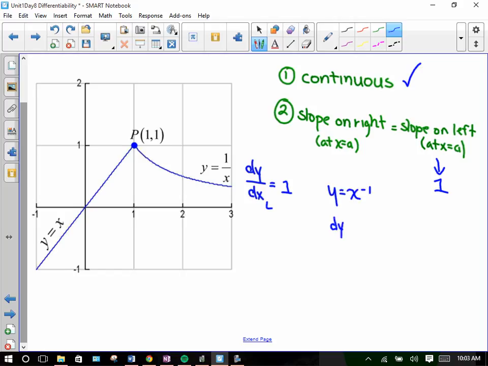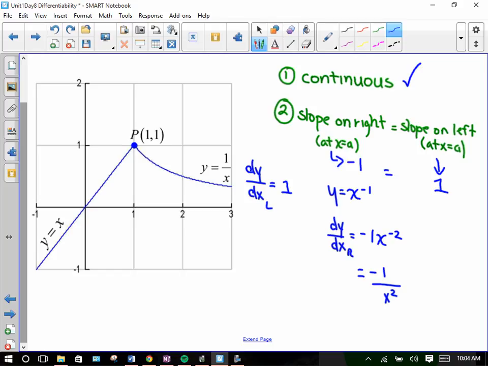So dy/dx on the right is going to be equal to negative 1 x to the negative second power, or negative 1 over x squared. If we evaluate this at x equals 1, you have negative 1 divided by 1, which is negative 1.